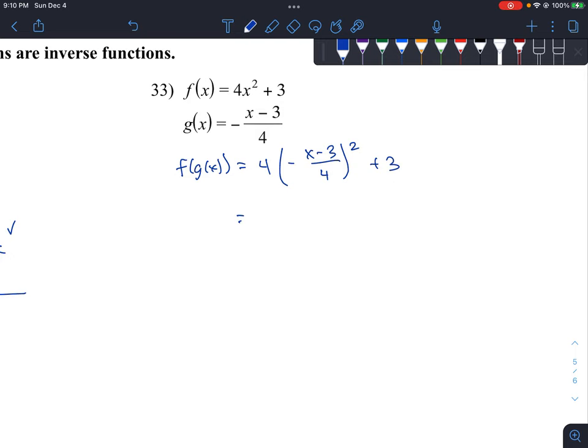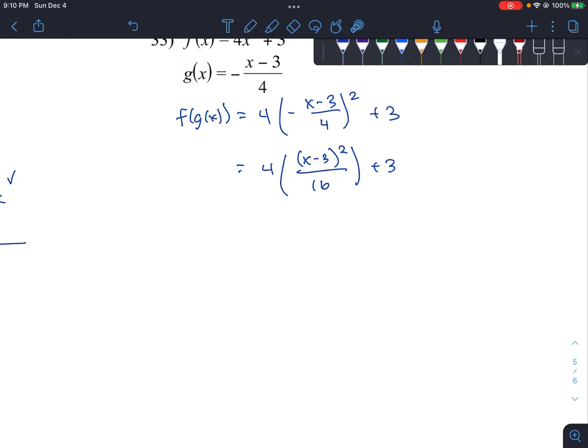This is going to be equal to 4. Now, if I square this entire thing right here, that's going to be positive, first of all. That's going to be x minus 3 squared over 16, because you can square both top and bottom. And then it's going to be plus 3.